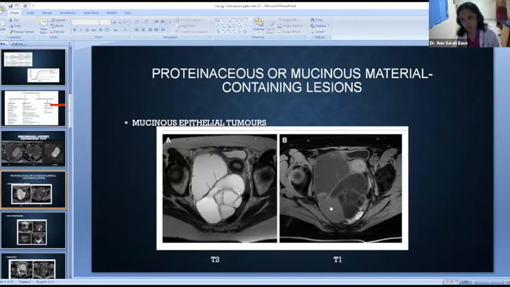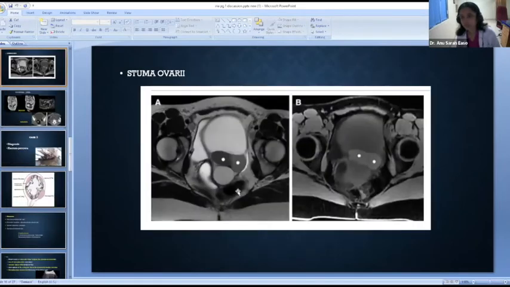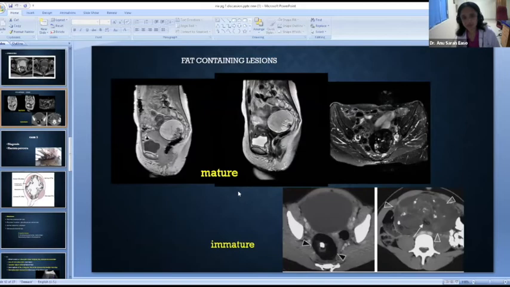For that, as I said before, using the multiple sequences, we can differentiate between the lesions. Even struma ovarii can appear hyperintense on T1, and mature and immature teratomas can appear hyperintense.